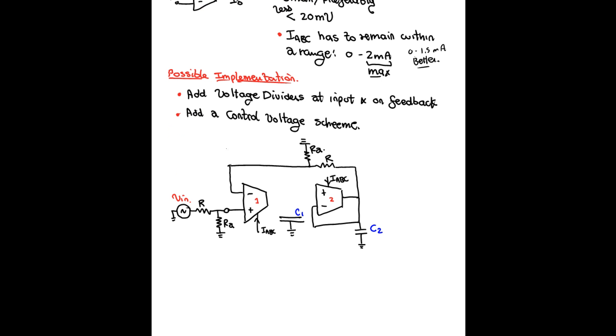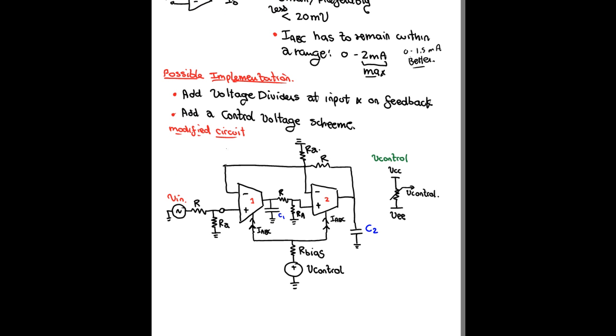And this will be the modified circuit with the input voltage divider, the input to second stage voltage divider, and we've got the feedback voltage divider. And for the control scheme, all you need is really a control voltage and a biasing resistor that controls the current that is common to both OTA1 and OTA2.